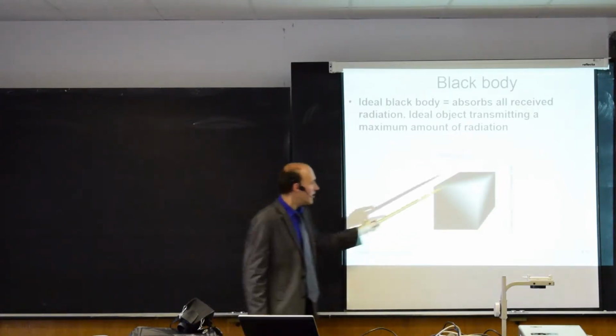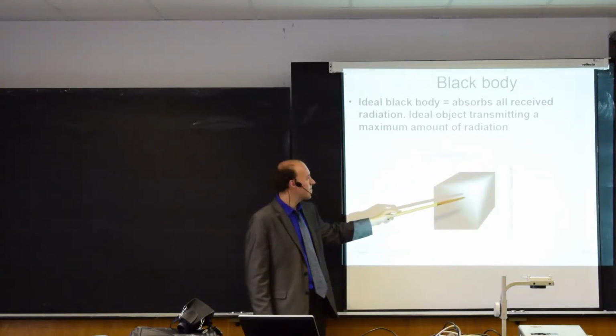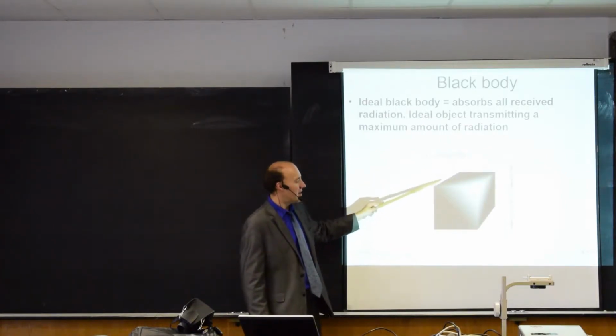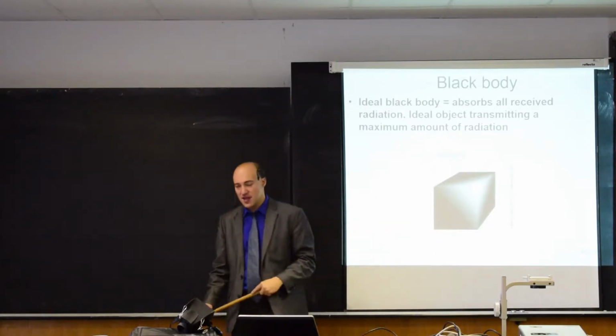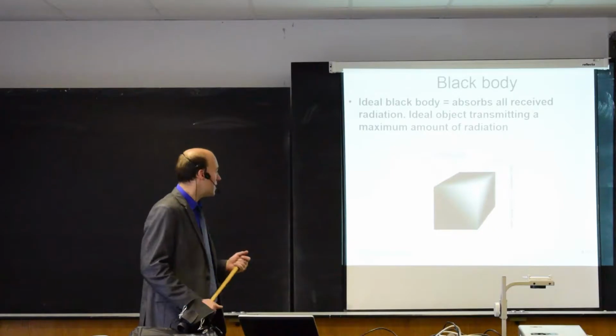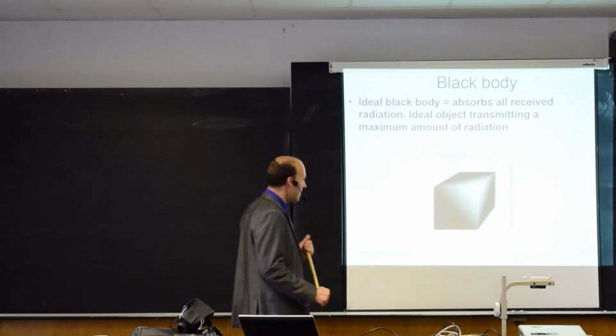So here we have some radiation that's incoming on the black body, and we want it to radiate a maximum amount of energy. This is a fictional object. We can get quite close to the black body with some materials, but still not the ideal thing.